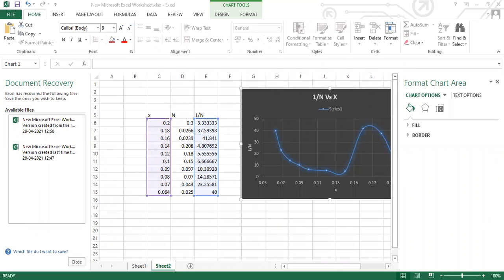falling rate period. So the entire drying time T will be the constant rate period plus the falling rate period.